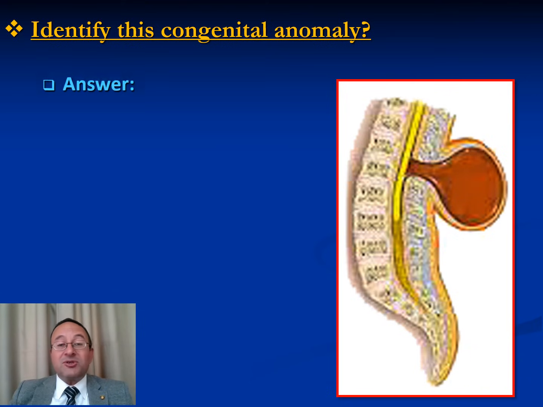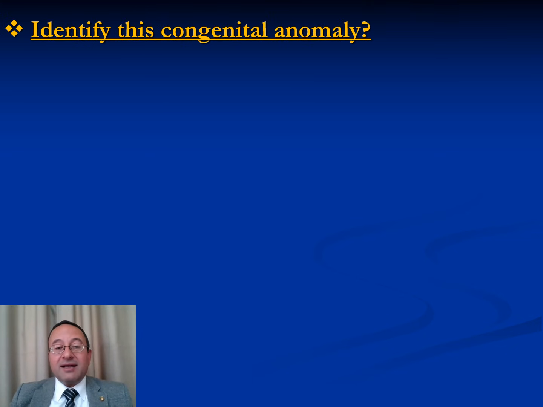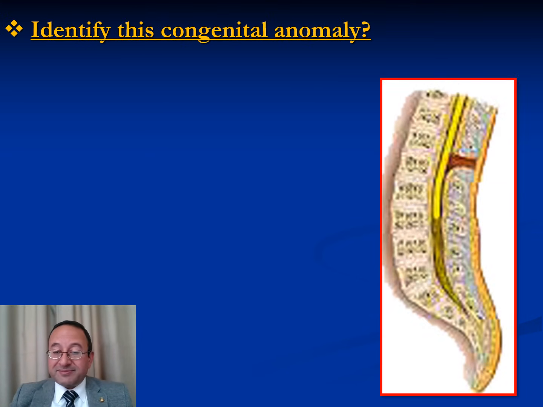Identify this congenital anomaly. Very nice question. You can take your time. Yes, meningocele. Another question. Identify this congenital anomaly. There is no protrusion. There is intact skin, but there is a defect in the neural arch.